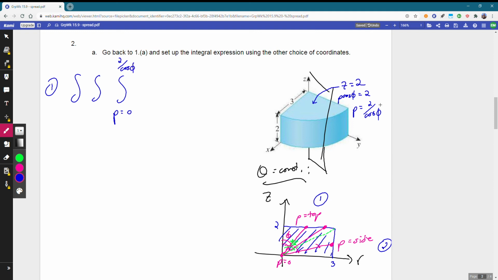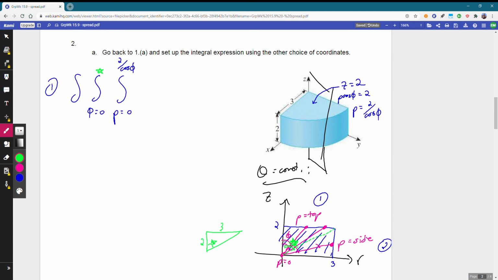Well, and what phis are we doing this for? Well, the starting phi is phi equals 0, or pointing straight up. And we are stopping phi at whatever angle this green star is, right? But we can be a little bit more specific. At that angle, we have a nice triangle.